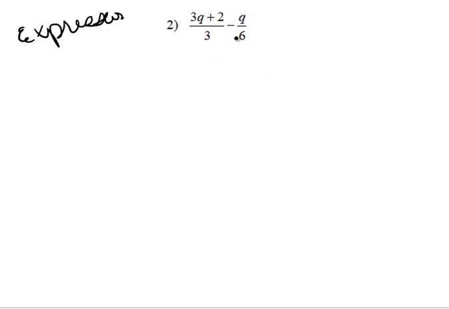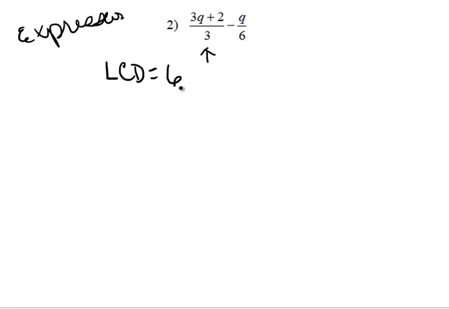So between 3 and 6, the LCD, least common denominator, would be 6. This would be a situation with a friendly fraction because 3 is a factor of 6 and 6 is a multiple of 3. So all I have to do is adjust this piece.